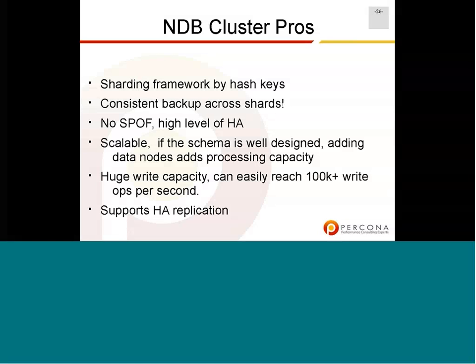It's fairly unique. I've reached on many clusters easily more than 100,000 write operations per second. There's nothing else that can match it. If you have a very extreme write load, NDB cluster is something you need to look at because it can do quite amazing things.